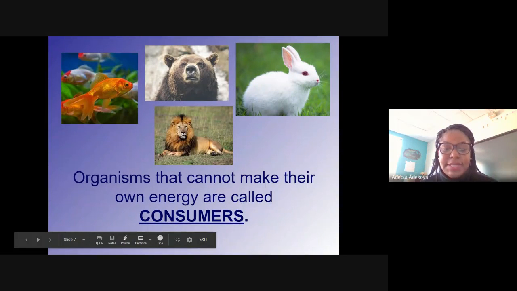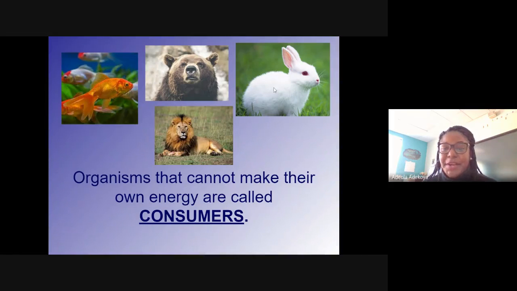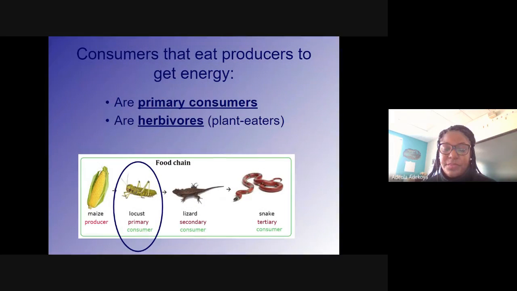All right, organisms that cannot make their own energy are consumers. Consumers consume, they just eat, right? So these are examples of consumers over here: fish, bear, rabbit, lion. Now, there are different classifications of consumers that we've also talked about previously.